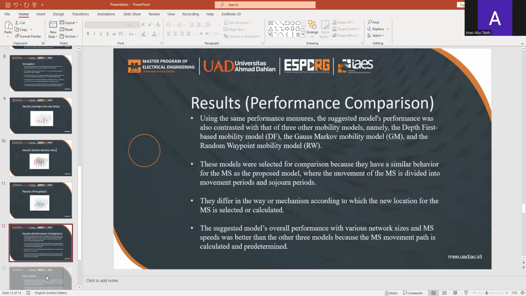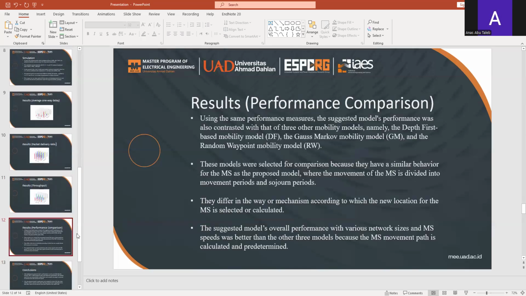Furthermore, the results obtained for the mobility model proposed in this work were compared to another three mobility models, namely the depth first mobility model, Gauss-Markov mobility model, and random waypoint mobility model.